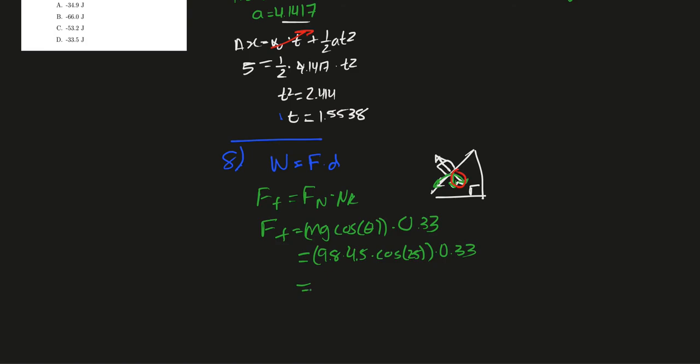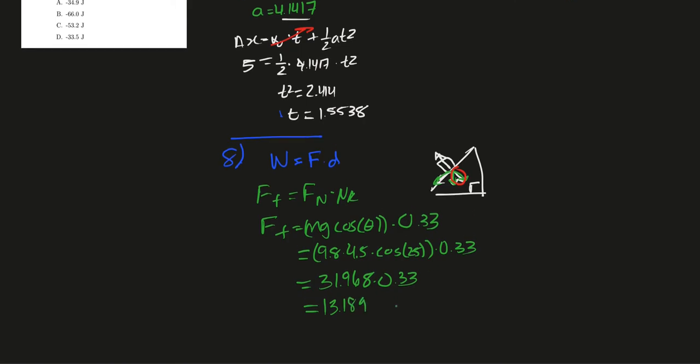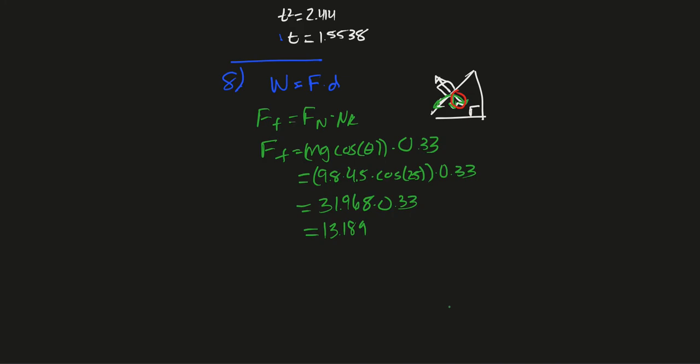If you plug this whole expression into your calculator, you should get that the normal force is equal to 1.968, and then we can multiply that by the coefficient of friction. When we do this, we get that the value is 13.189. Okay, that's the force of friction.